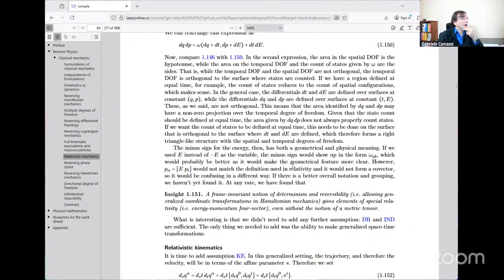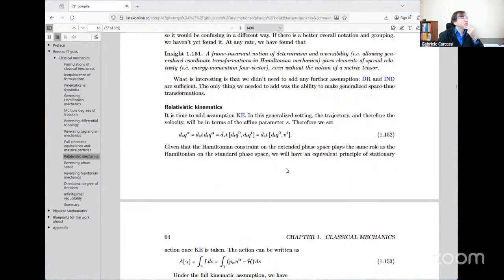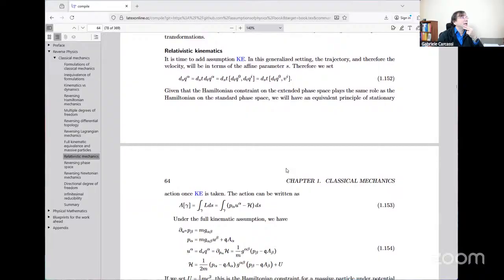Okay, so that was what we had last time, and today we are going to look again at the kinematics in the context of the extended phase space. We are going to see essentially what we did when we did the full kinematic equivalence.